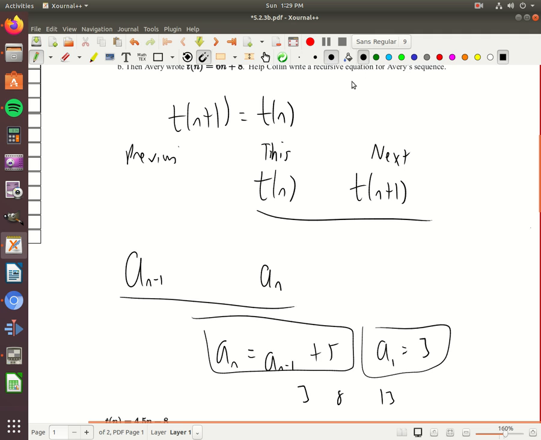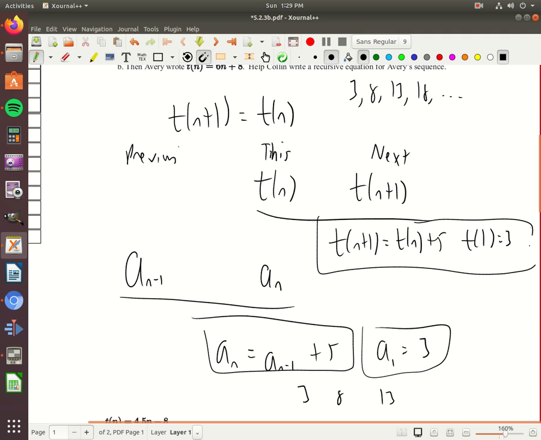Obviously, the sequence would be 3, 8, 13, 18, etc. If I wanted to write it here, I would say t of n plus 1 equals t of n plus 5, and then start at 3. So there are a lot of similarities between t of n plus 1 and a of n. Just make sure you understand those differences.